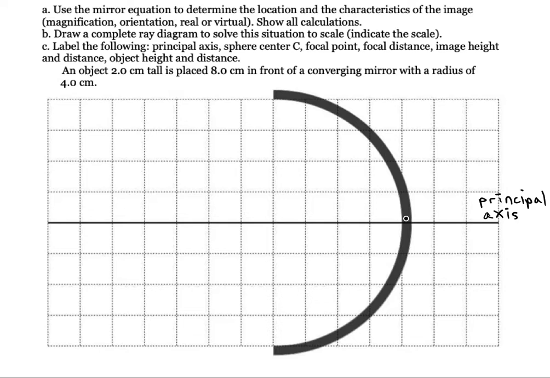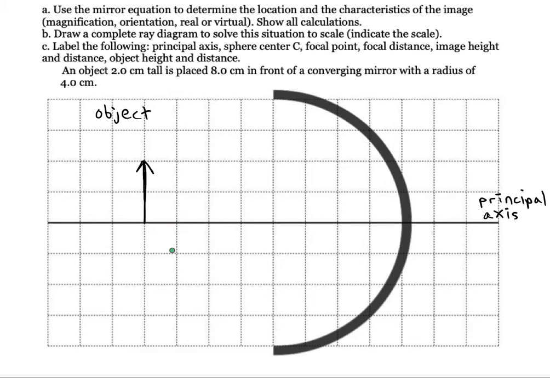Now that means from the mirror's center, I'm going to count over 1, 2, 3, 4, 5, 6, 7, 8. So I want my object right here. It's got to be 2 centimeters tall. Okay, there's the object.